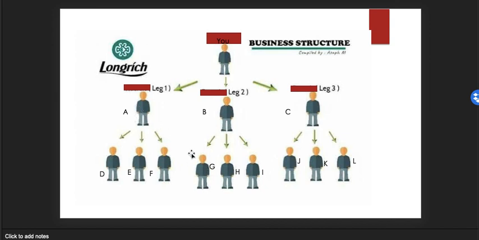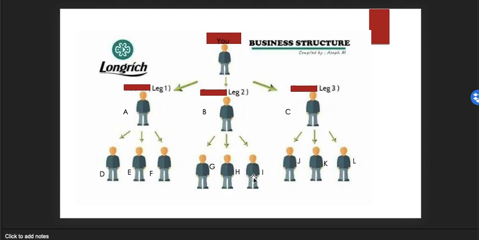Mr. A cannot sponsor Mr. G, but Mr. B can sponsor Mr. G. Mr. B cannot sponsor Mr. J, only Mr. C can sponsor Mr. J. Because when Mr. A logs into the portal, he sees only his tree. He sees himself, Mr. D, Mr. E, Mr. F. He doesn't see Mr. G, H, I. So he cannot sponsor Mr. G, H, or I.